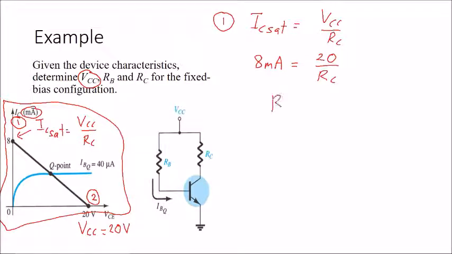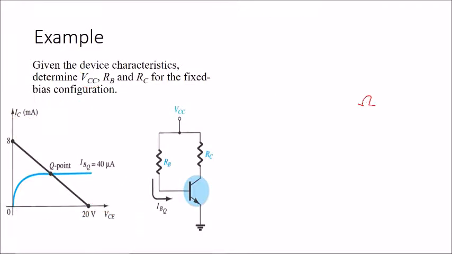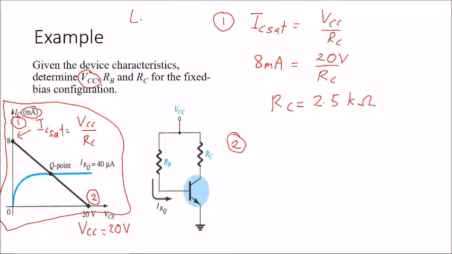If you solve this equation, you will find RC is equal to 2.5 kilo ohms. So just now we used the load line analysis and solved the value of RC.